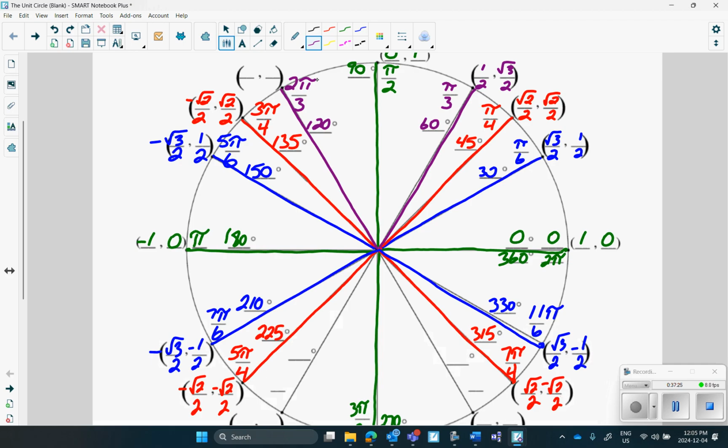Okay. And the points? Notice all the points on the unit circle, there's only 5 values to remember: 0, 1/2, root 2 over 2, root 3 over 2, and 1. And one or both may be negative, depending on what angle we're talking about.